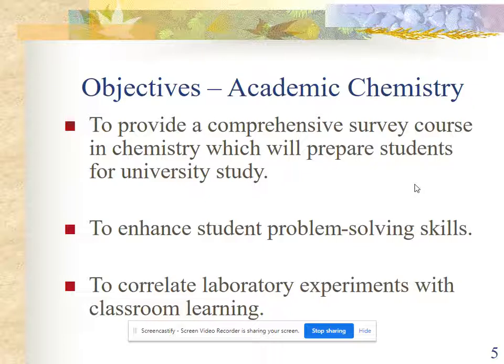The second objective, which is an important one, is to enhance student problem-solving skills. So we solve many, many problems, many difficult problems in chemistry, and we really work on developing those problem-solving skills. And then lastly, we like to correlate lab experiments with classroom learning. This year we'll probably have more virtual labs, but we try to always connect them with classroom learning.